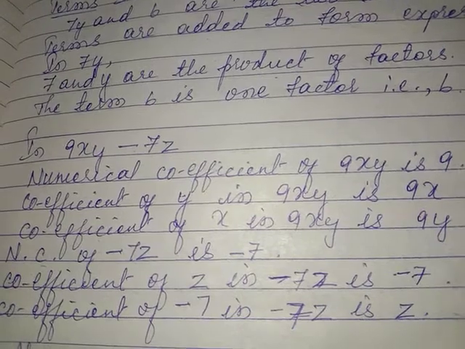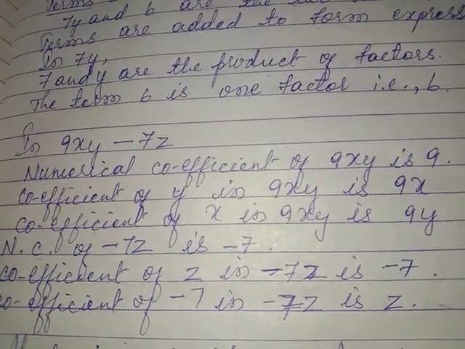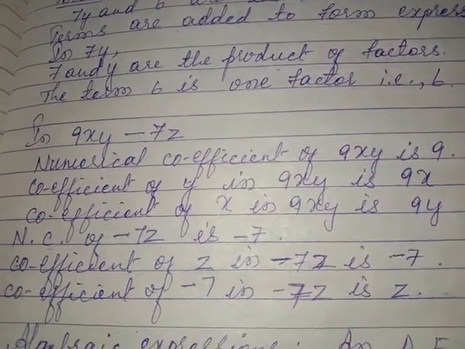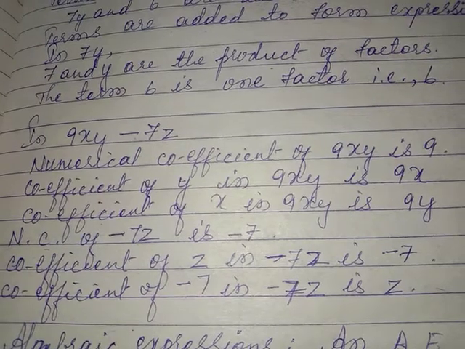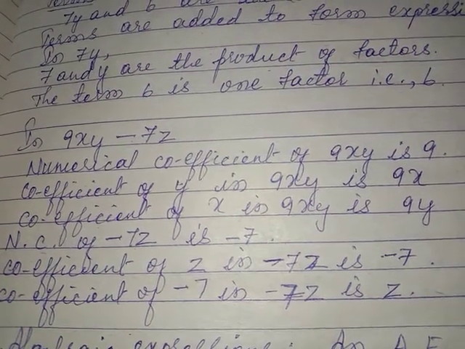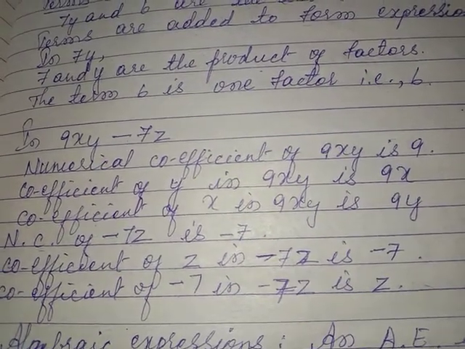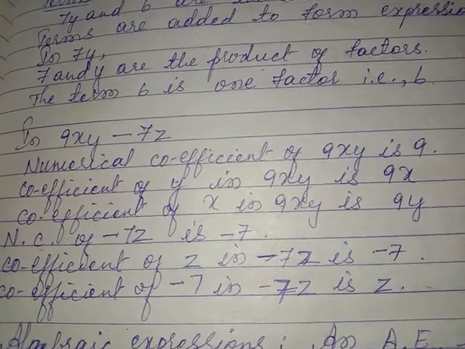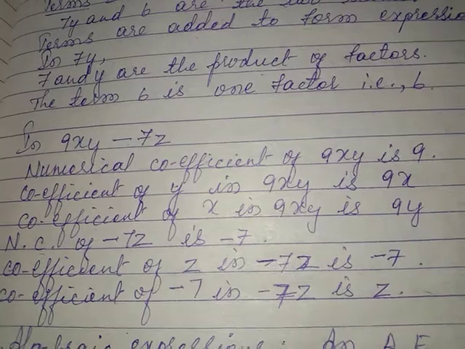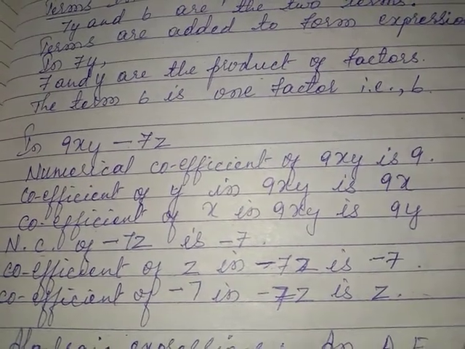Then the numerical coefficient, NC in short form, of minus 7z is minus 7. Coefficient of z in minus 7z is minus 7. Coefficient of minus 7 in minus 7z is z.